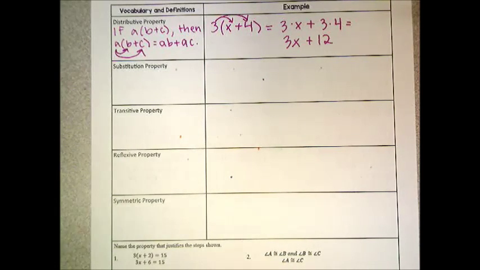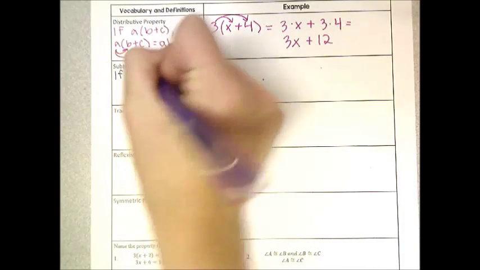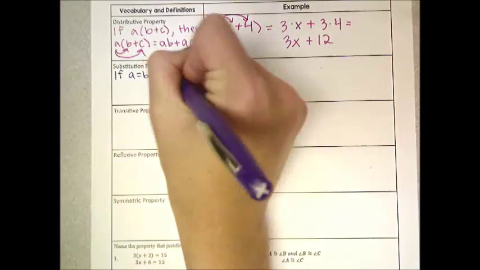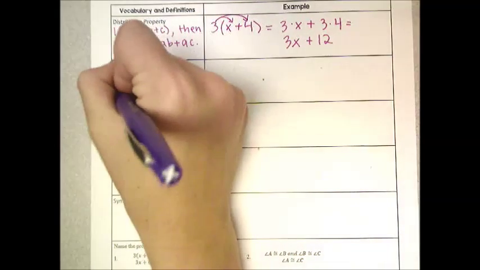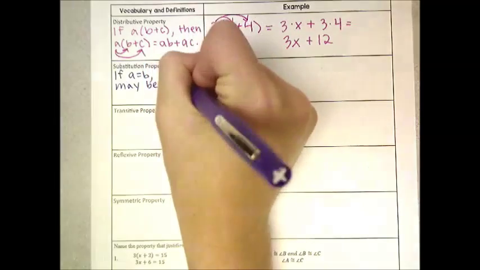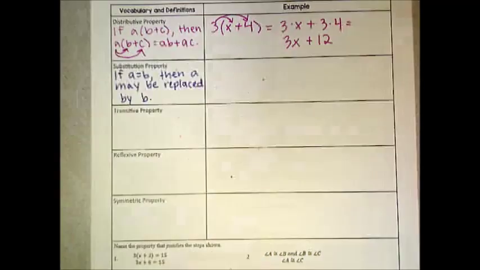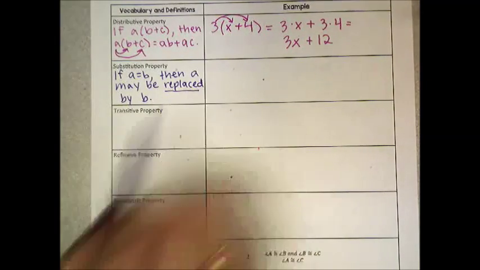Alright, moving right along to our substitution property. If A equals B, then A may be replaced by B. So this is all about replacement.